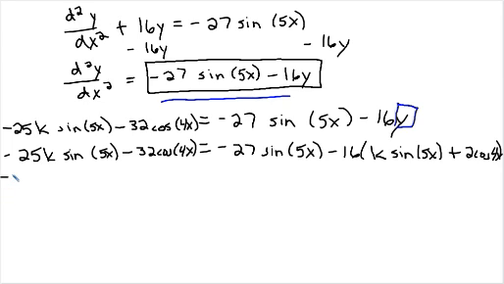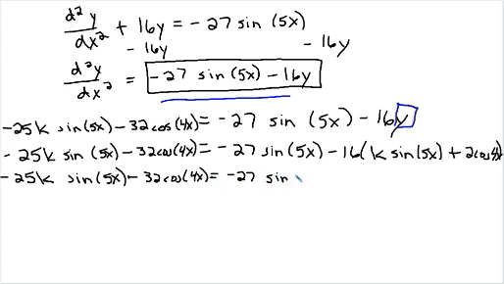So look what I've got now. Let's go ahead and get this thing cleaned up and get to our answer. Negative 25k sine of 5x minus 32 cosine of 4x equals negative 27 sine of 5x minus 16k sine of 5x minus, we've got to do the distributive property now, 32 cosine of 4x.